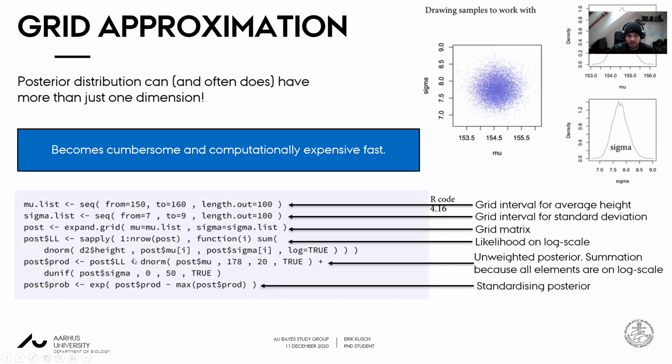That's why we do the summation here and obtain everything on a logarithmic scale. We then standardize the predictor just as we have already done, and we get our estimate. That's how we do grid approximation for two-dimensional spaces. Now, it's not recommended to do that even in two-dimensional spaces. It might just be useful for a learning exercise. I would always move to quadratic approximation, which we talked about last time.